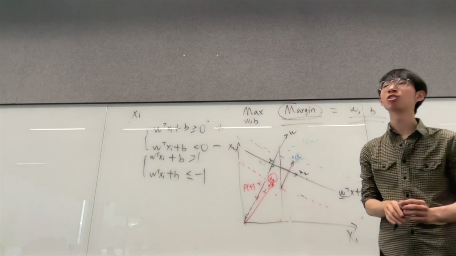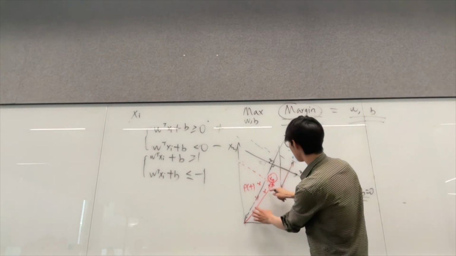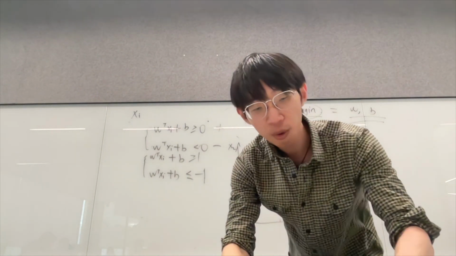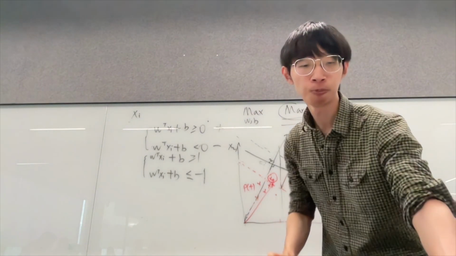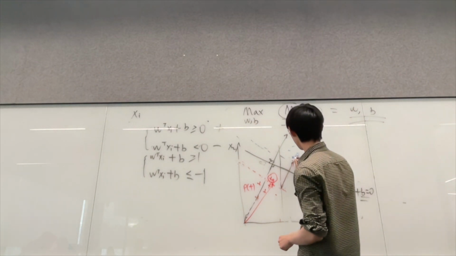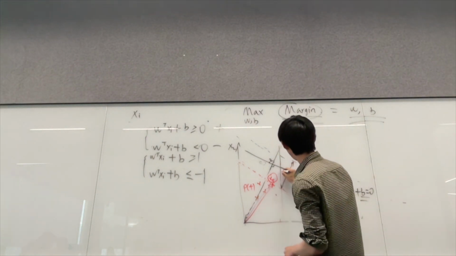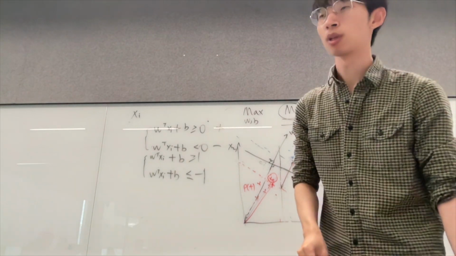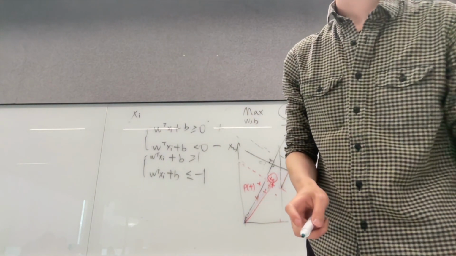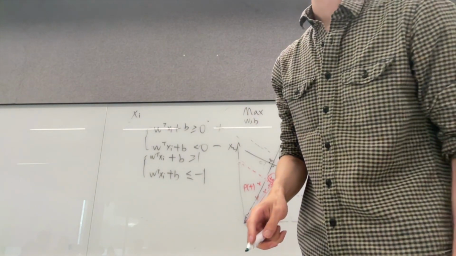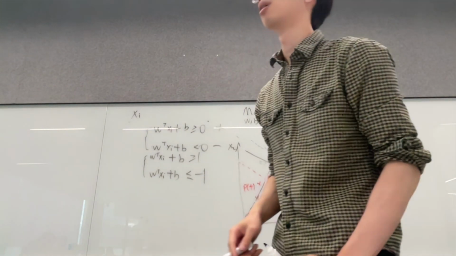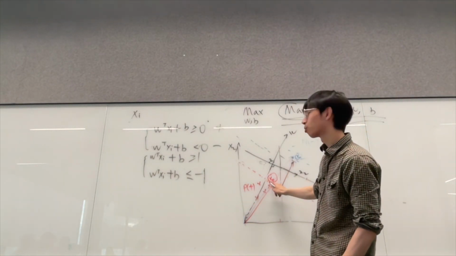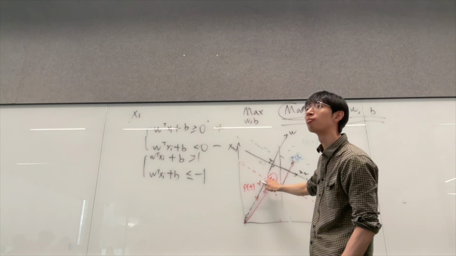How can we calculate the margin? If we know this vector and we know this vector, and we also know this vector, we can calculate the margin, right? How can we calculate that? For example, we have the equation of this line which is perpendicular to both lines.